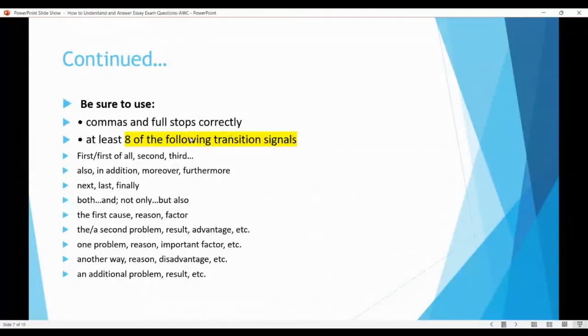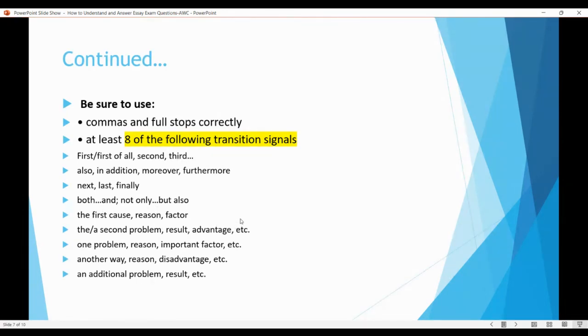Both, not only, but also, these are also paired phrases. You can use your information between both and, not only, but also. These are phrases that are used.